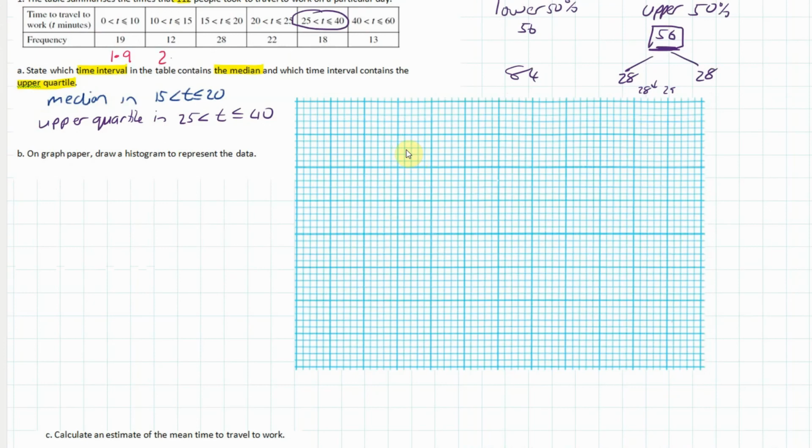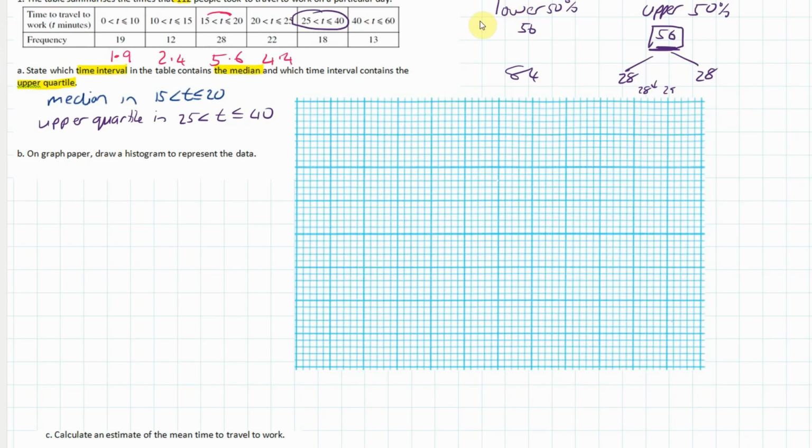The next one is 28, and I'm dividing it by 5, because the class width from here to here is 5. So that one is 5.6. And the next one is 22 divided by 5, so that should be 4.4, sorry.